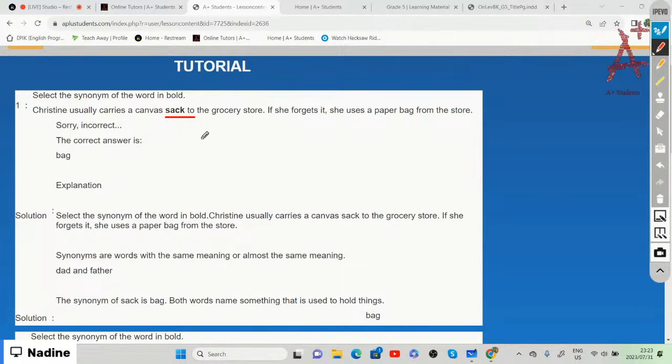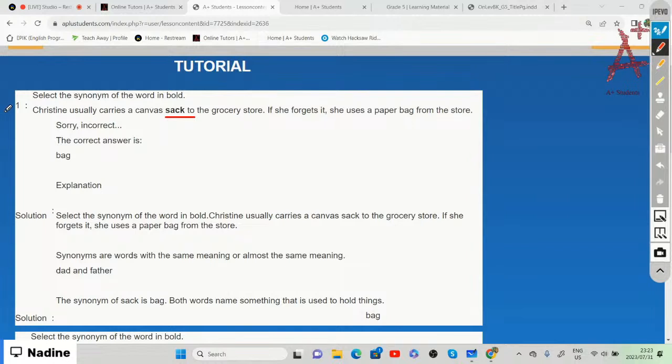So we need to find the word that is similar in meaning to the word in bold. The word in bold is sack. So another word that means the same as sack, we need to find within the sentence.